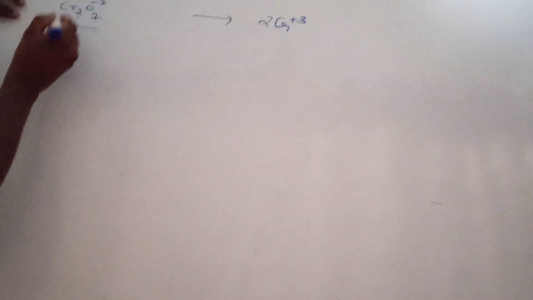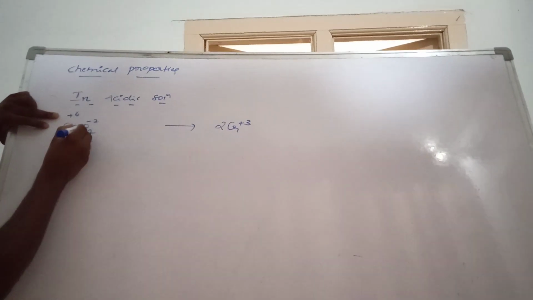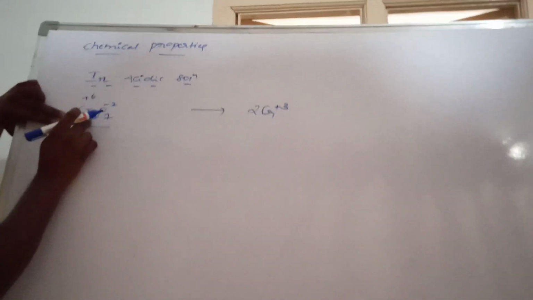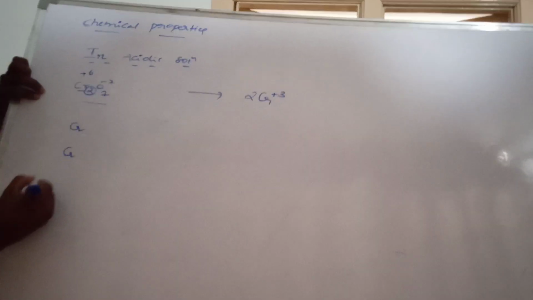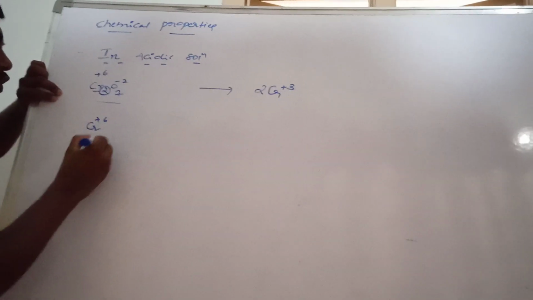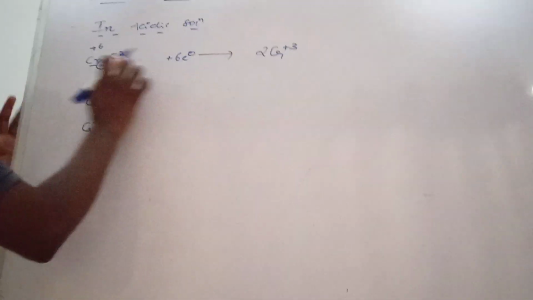Because see here, Cr2O7 power minus 2, chromium oxidation number is plus 6. But here how many chromium atoms are there? 2 chromium atoms. See here, I will write chromium, chromium. Here each and every chromium's oxidation number is plus 6. Okay, it is accepting 6 electrons.